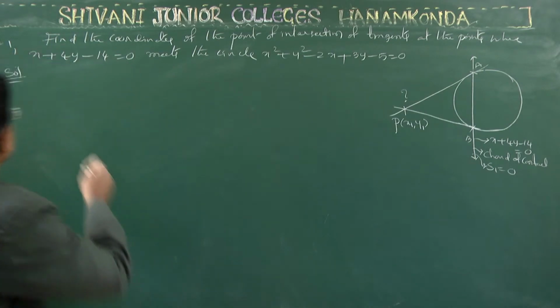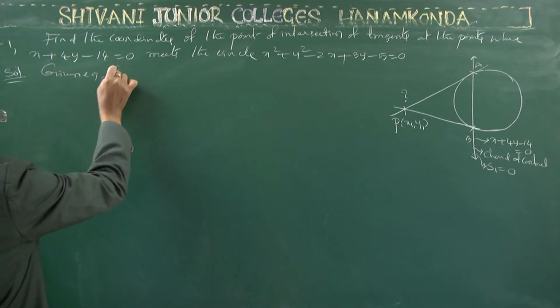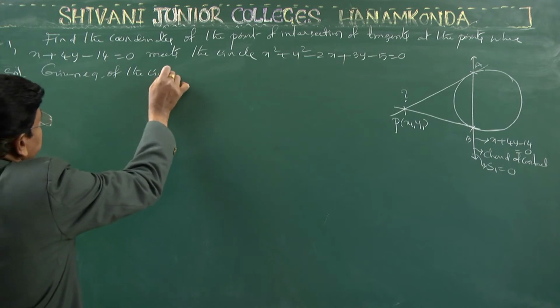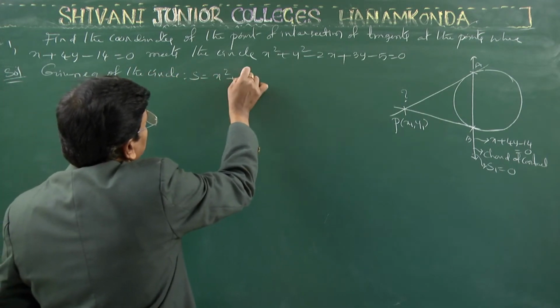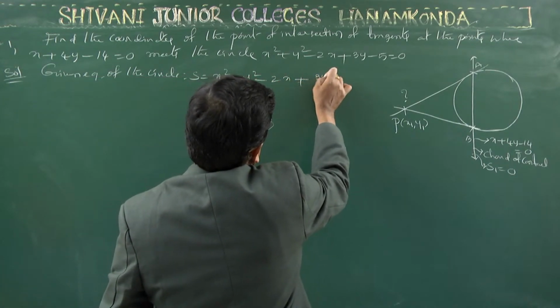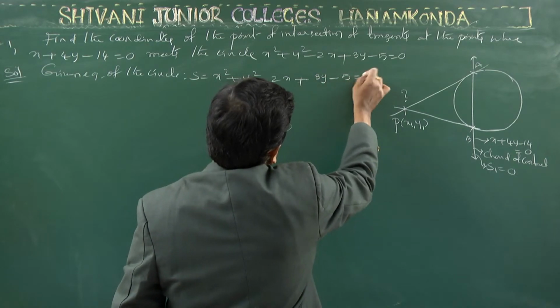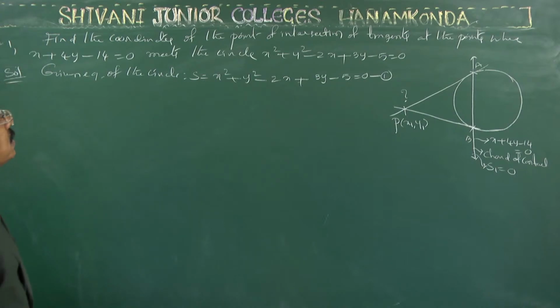What about the process? You can write the given equation of the circle: x square plus y square minus 2x plus 3y minus 5 is equal to 0, equation 1.